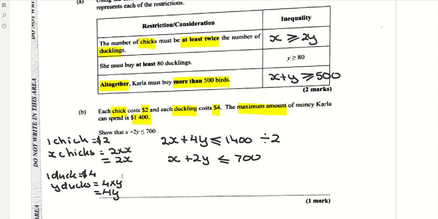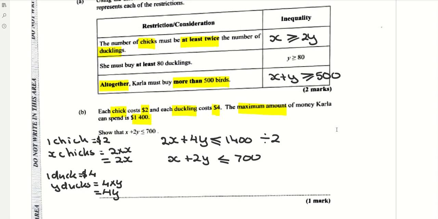And when you add 2X and 4Y, again they said that the most that she could spend is $1,400. So it could be less than $1,400 or equal to $1,400. So 2X plus 4Y is less than or equal to $1,400, but we want it in this form here, right? If you look at your coefficient of X, how would you go from 2X to X?